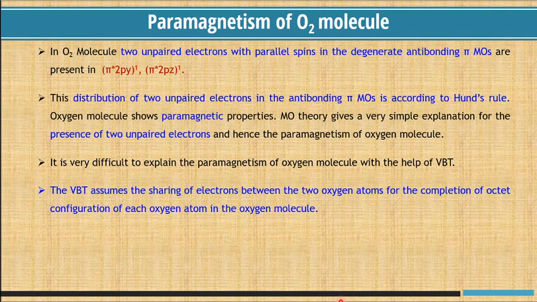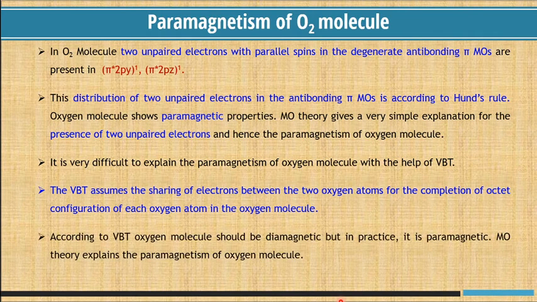Valence bond theory assumes sharing of electrons between the 2 oxygen atoms for the completion of the octet configuration of each oxygen atom in the oxygen molecule. According to VBT, the oxygen molecule should be diamagnetic, but in practice it is paramagnetic. Molecular orbital theory explains the paramagnetism of the oxygen molecule.